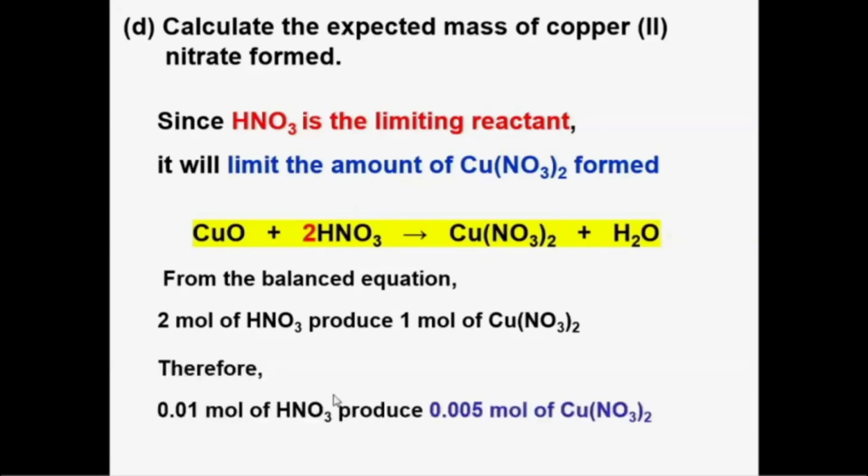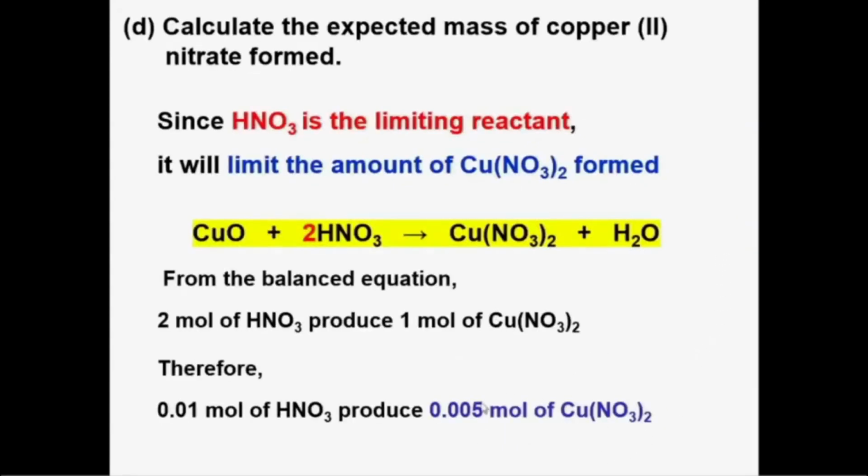We only use 0.01 mole of nitric acid, so therefore it should produce 0.005 moles of copper 2 nitrate, and this is the moles of copper 2 nitrate produced in this reaction.